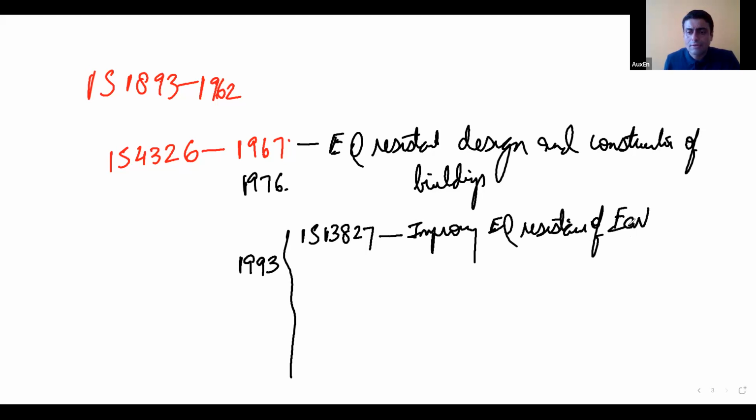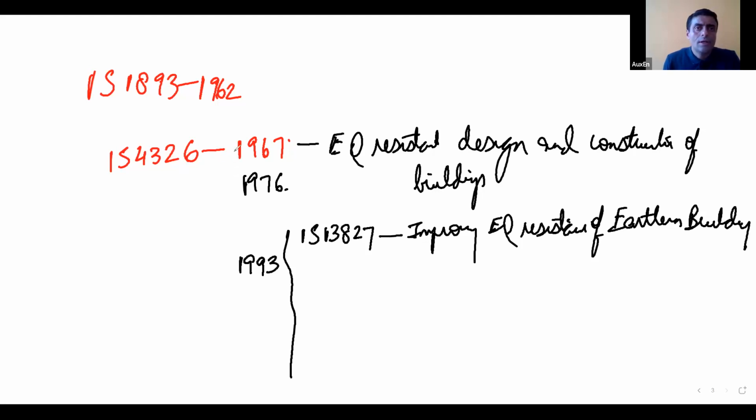Earthen buildings. Do you understand what are earthen buildings? If you go to any rural part in India, you will see small houses made of earth, मिट्टी के घर.